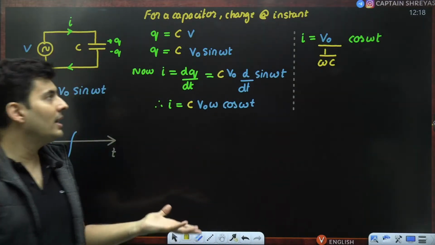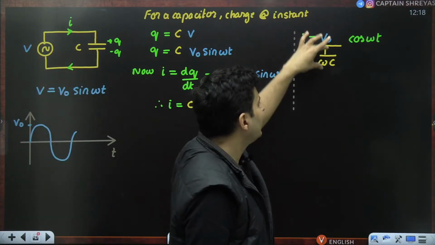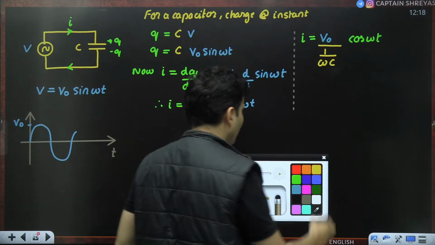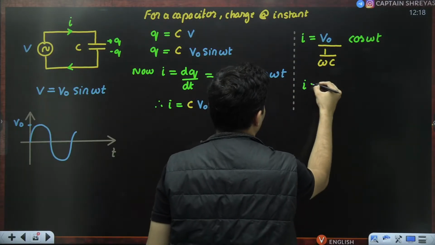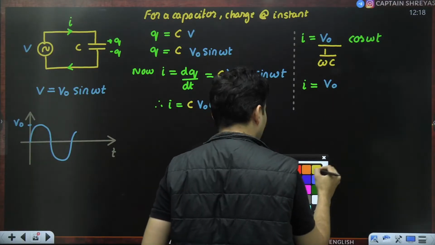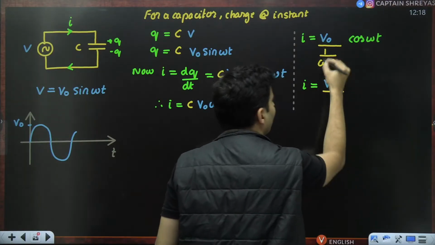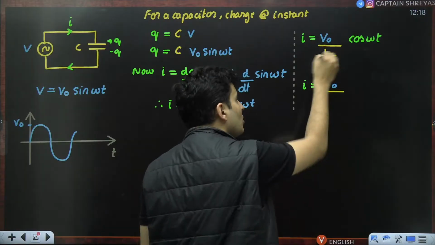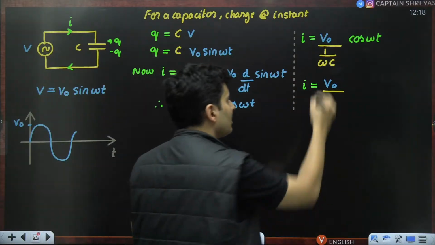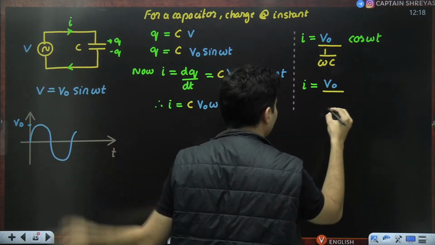Why did I do it deliberately? Current is voltage by resistance, and this looks like resistance to me. So now my current will be voltage by an imposter of resistance, not a real resistance, but like a resistance. This is due to a capacitor.